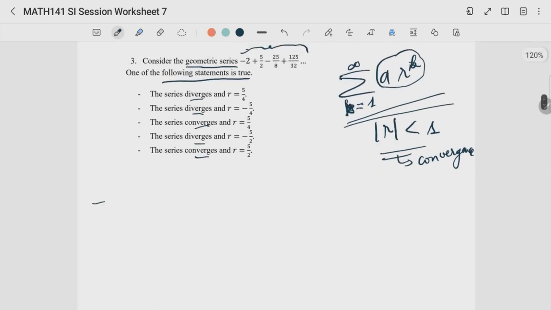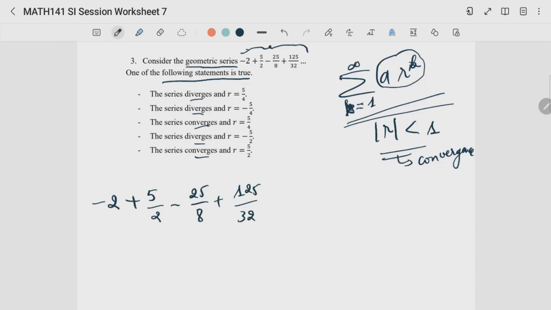First, let's look at the terms that are given to us, the first few terms. The first term is -2, the second term is 5/2, the third term is -25/8, the fourth term is 125/32.